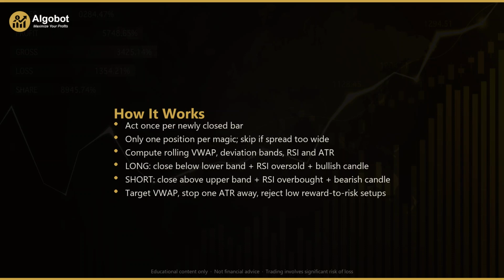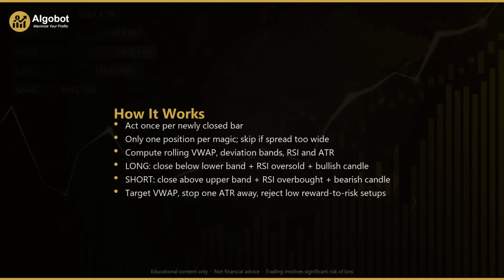For a short or sell setup, the mirror image applies. The bar must close above the upper band. The RSI must be above the overbought level, which defaults to 65, and the bar must be bearish, closing below its open. The EA then places a sell, again targeting VWAP, with its stop loss 1 ATR multiple above the entry. There's one more filter worth noting.